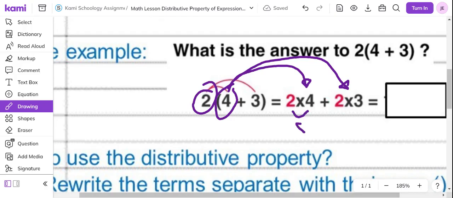So 2 times 4 is 8, and 2 times 3 is 6. And both of them are going to give us an equivalent result, both resulting in 14.